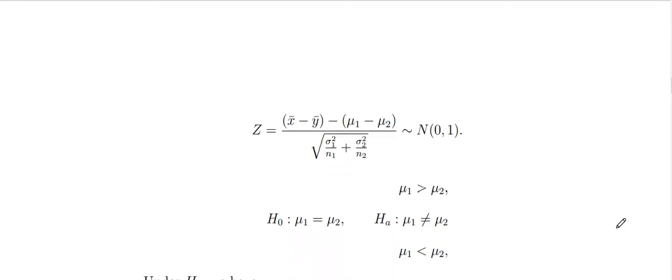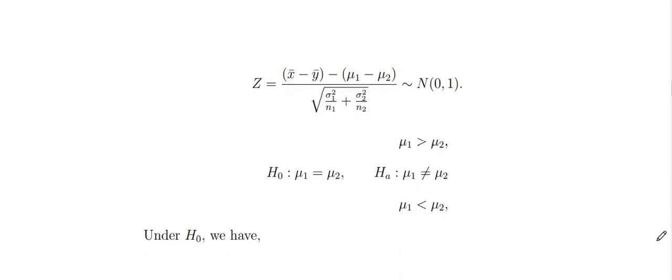So for two sample problems, we just want to compare. Here H0 is mu1 equals mu2, meaning the two methods or two groups have no big difference, right? So we compare two groups, meaning we compare their averages.